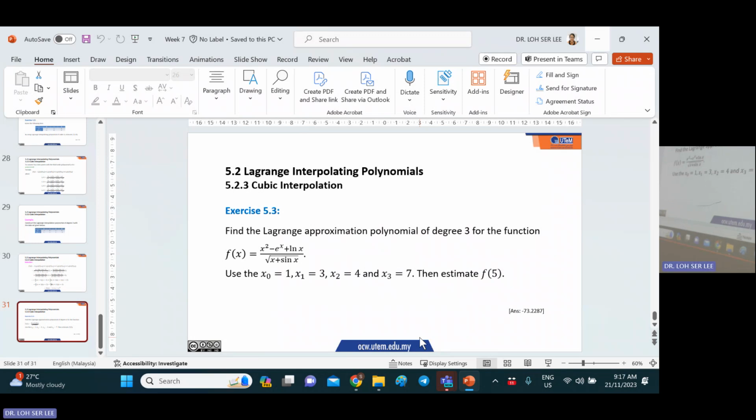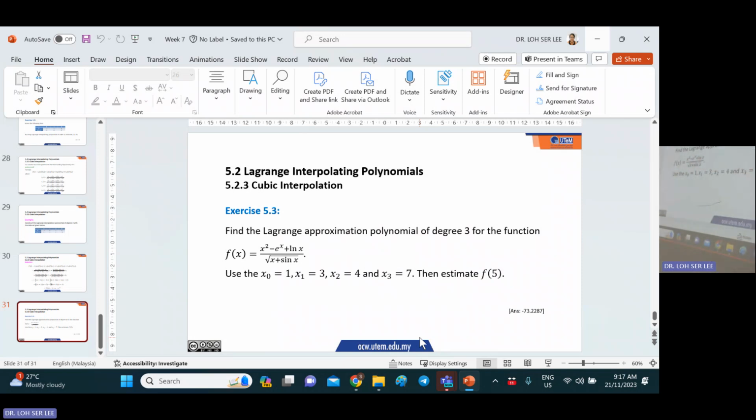When you read the question, you must get some idea on how to carry out the working solution. Do you have some idea now of what you need to do? Yes or no? Get the points first. Substitute the x into this function.